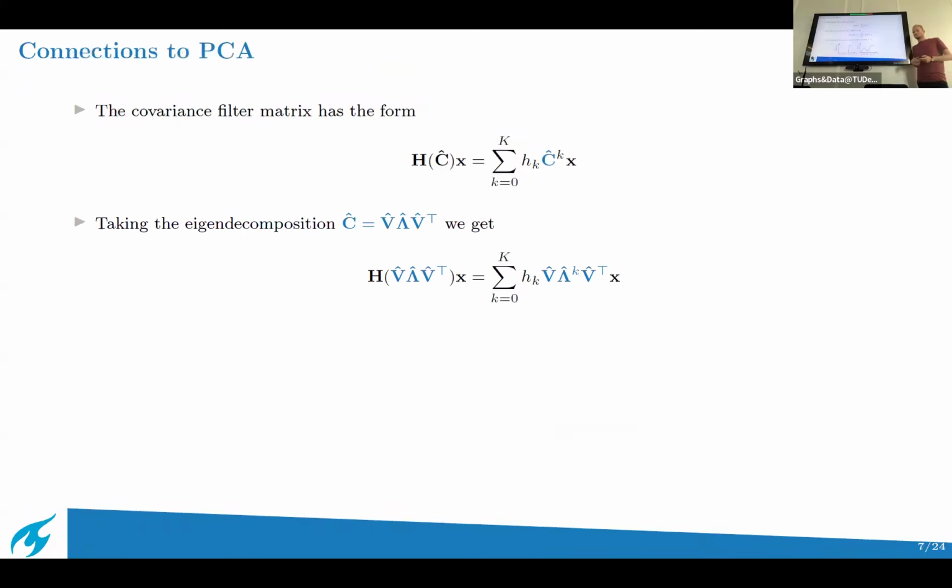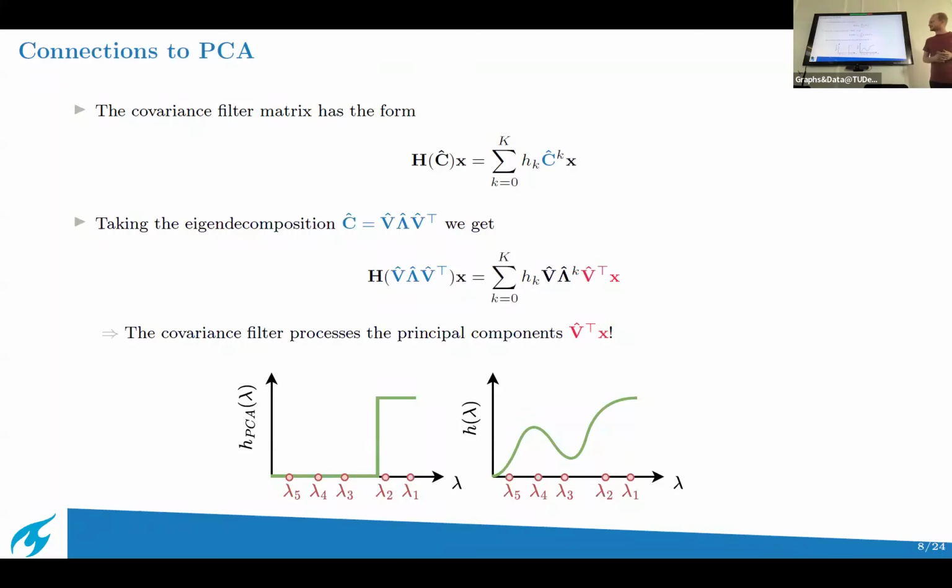This has a connection with PCA that we already know. The only thing I will highlight is this plot here, where you can see that PCA is basically learning just this fixed high-pass filter, whereas this VNN can learn any function in the spectral domain. So this h of lambda is the sum of h_k times lambda to the power k.